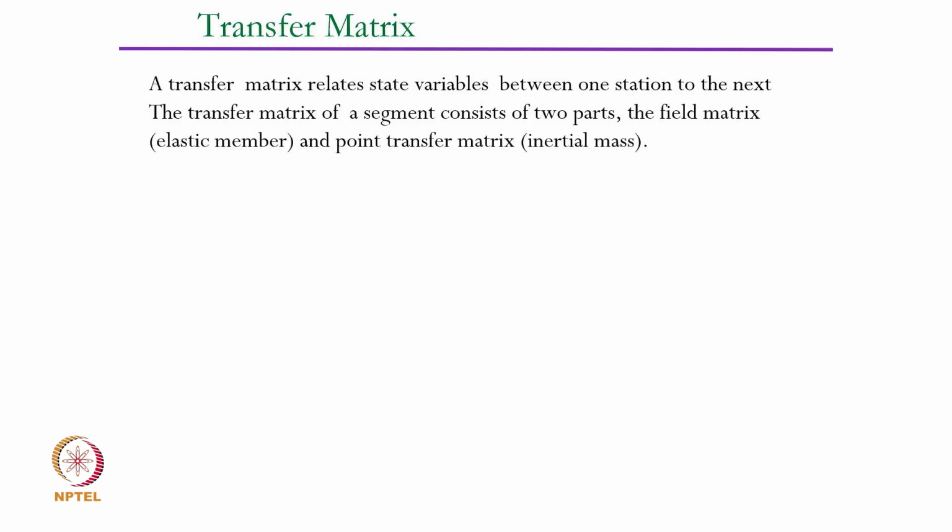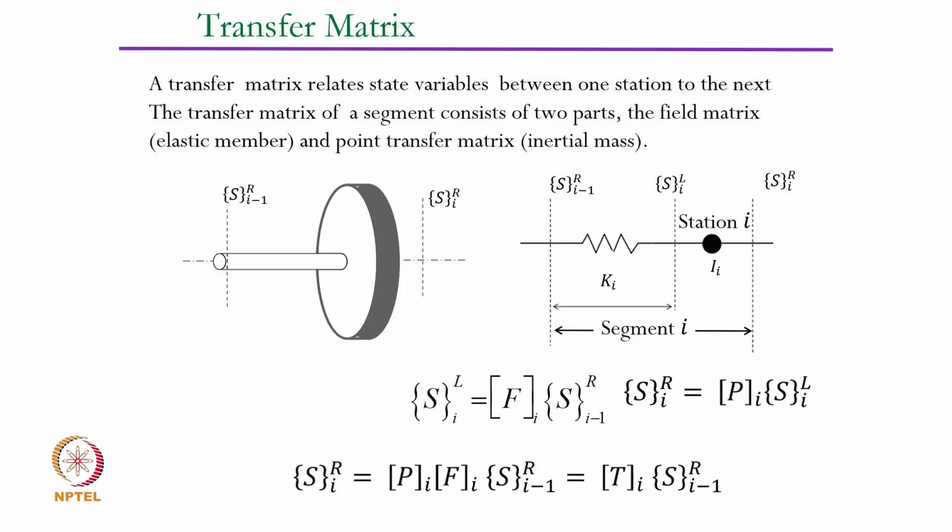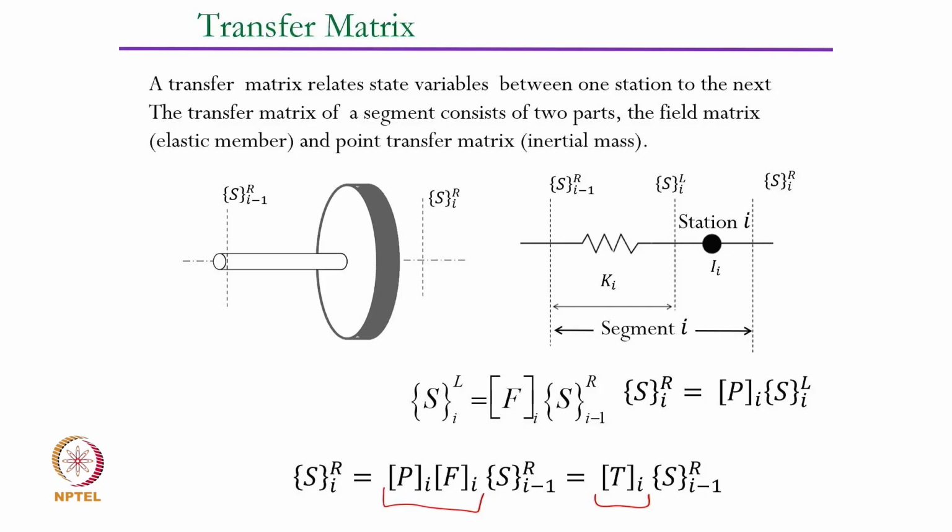It relates the state variables from one station to the next station, and then it will have two parts. Obviously we discussed all of that: it will have a point matrix and a field matrix, and that's how we showed that the product of this point and field matrix is now called the transfer matrix, capital T. So the transfer matrix here is a product of the point and field matrix.